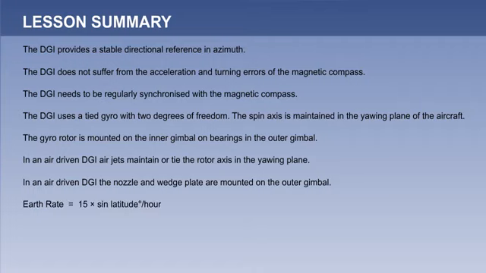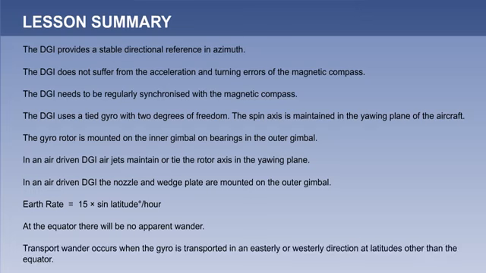The formula for earth rate is: earth rate equals 15 degrees times the sine of the latitude, in degrees per hour. At the equator, there will be no apparent wander. Transport wander occurs when the gyro is transported in an easterly or westerly direction at latitudes other than the equator.